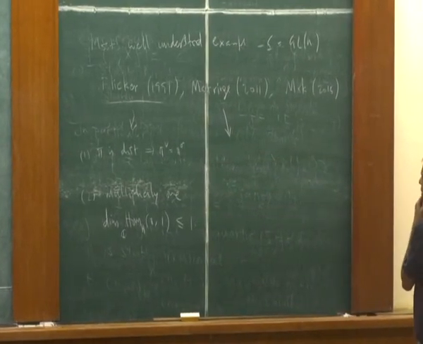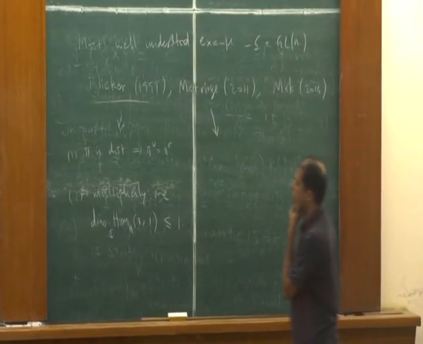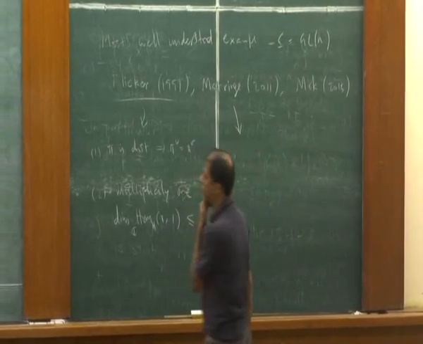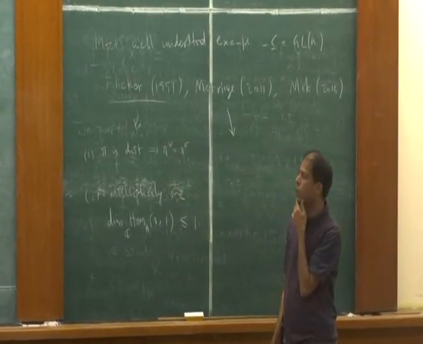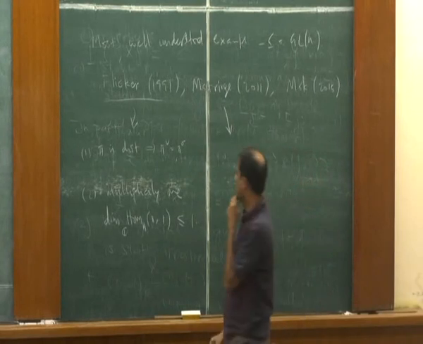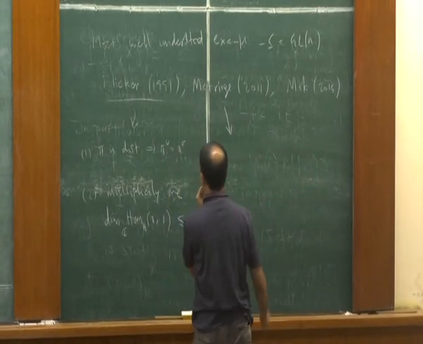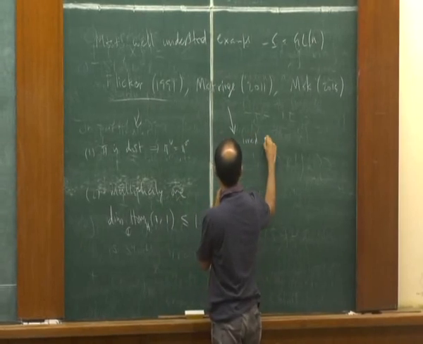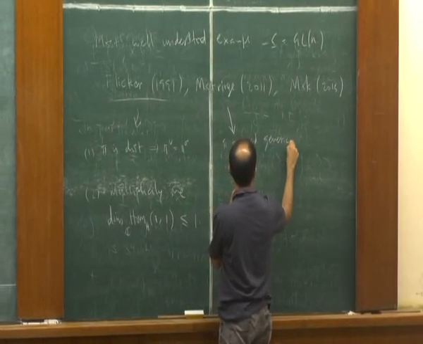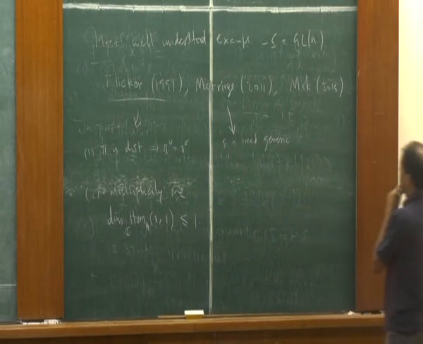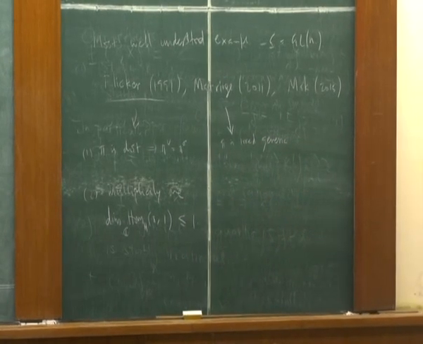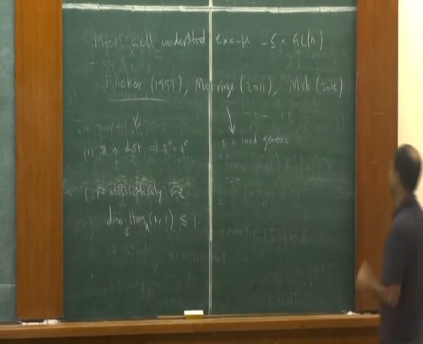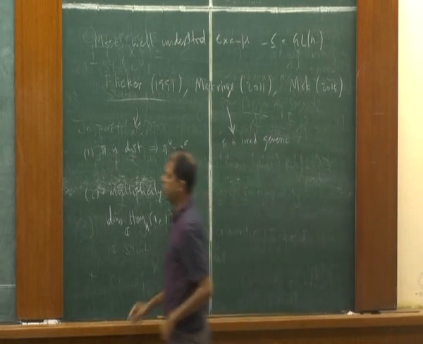Matrange's result is a characterization of distinction in this context for generic representations. So we will assume that pi is irreducible generic. I just need to introduce one notion.